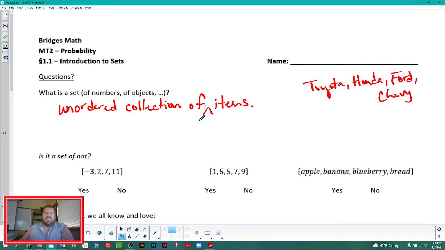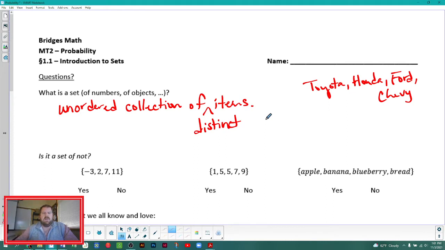So an unordered collection of distinct items. The distinct items idea just means that I can't have two of the same thing in a set. But again, the unordered part just means that the order doesn't matter. It means that they can be in order, but that doesn't allude to anything. That doesn't make anything more likely to be around than another.